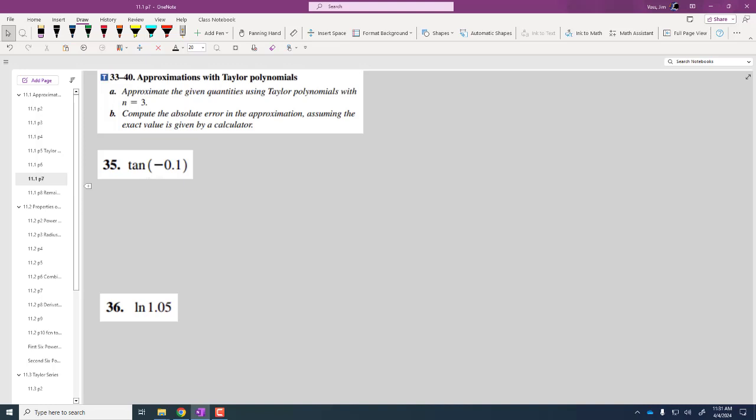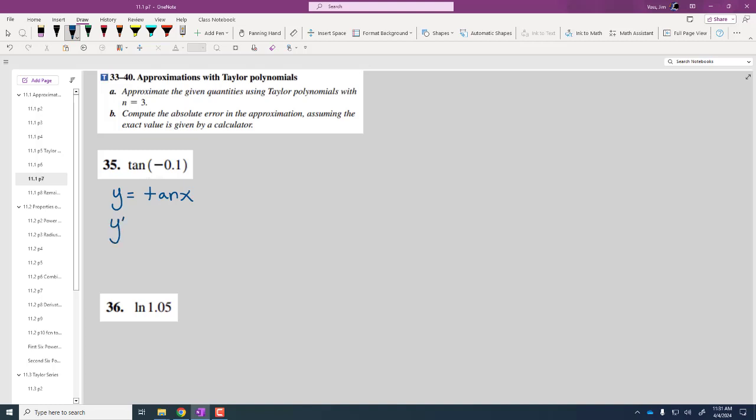So we're going to start with y equals tangent of x. And it said n equals 3, so that's third order. That doesn't mean 3 terms, right? It means third derivative. So that's usually 4 terms.